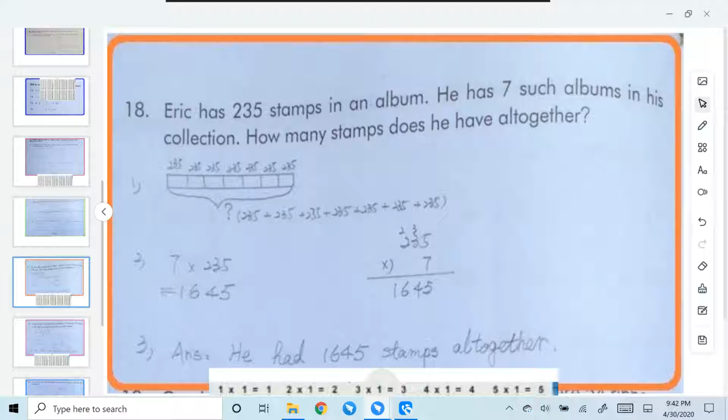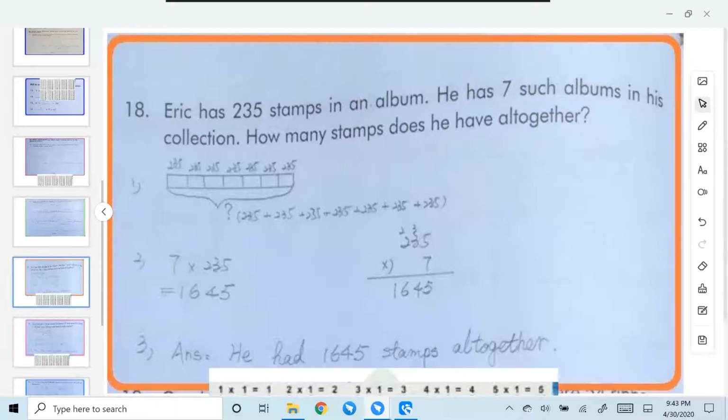So second step, we use multiplication sentences here. 7 groups of 235 stamps, so 7 times 235.